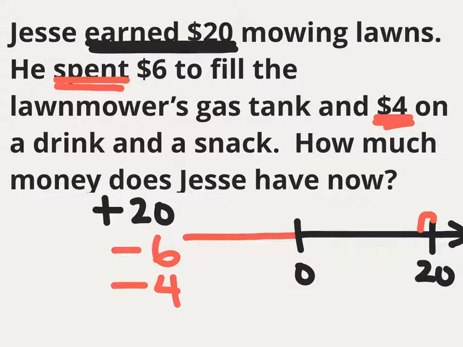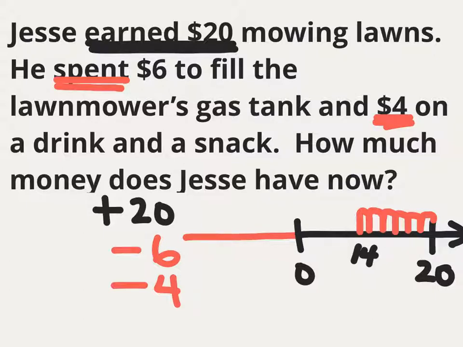There's 1, so I'm at 19. 2 would be 18. 3 would be 17. 4 would be 16. 5 would be 15. 6 would be 14. If I were at 20 and I moved left, negative 6 would be left. Left 6 steps would take me to 14.